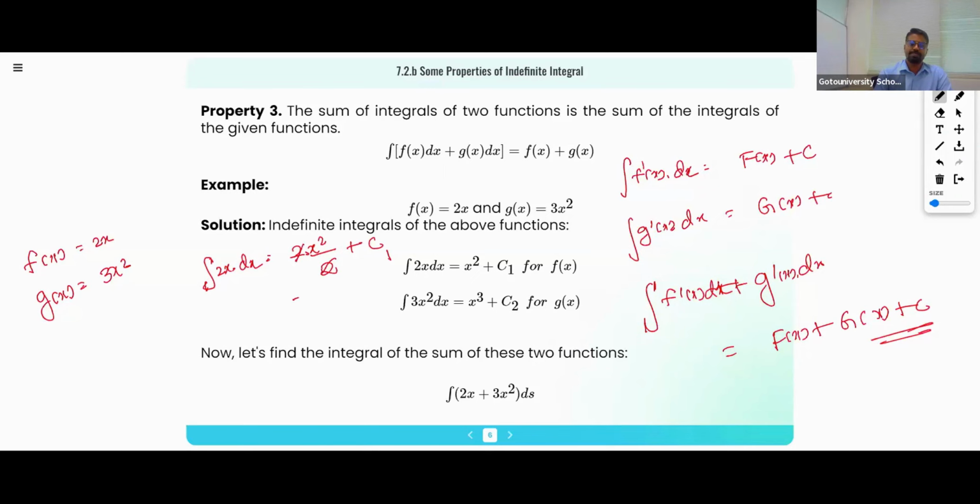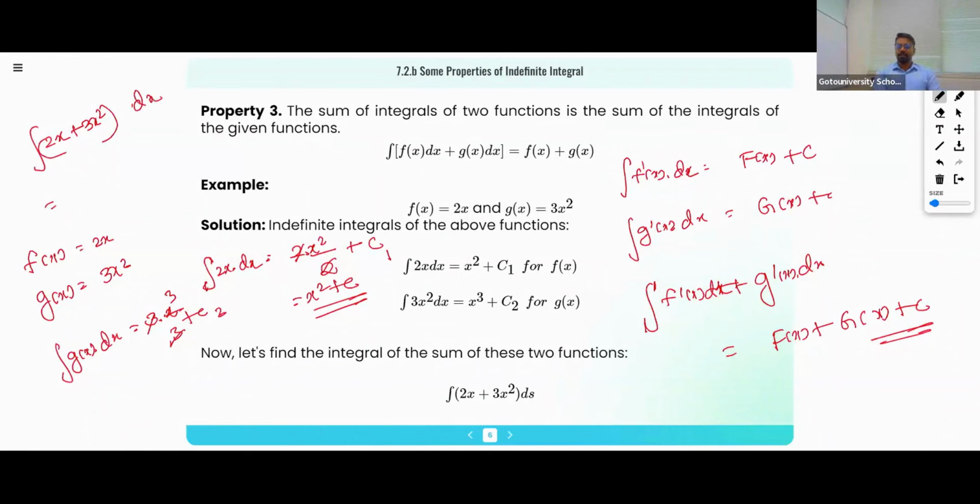So the 2 cancels, it is x square plus c1. Similarly, the integral of g of x dx is actually 3 into x cube by 3 plus a random constant c2. If I want to do them together, that is 2x plus 3x square, the entire thing with respect to the same x, I can do it. I'll get a similar answer, that means the same family of curves.